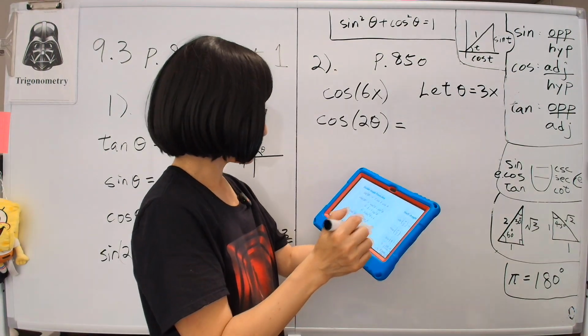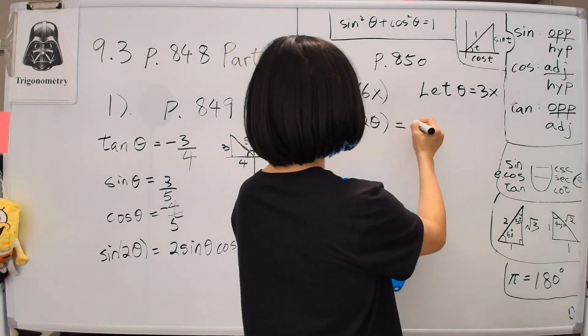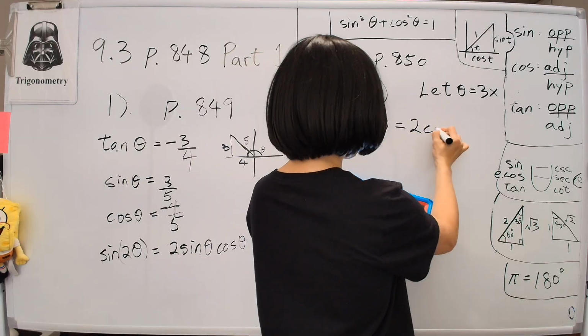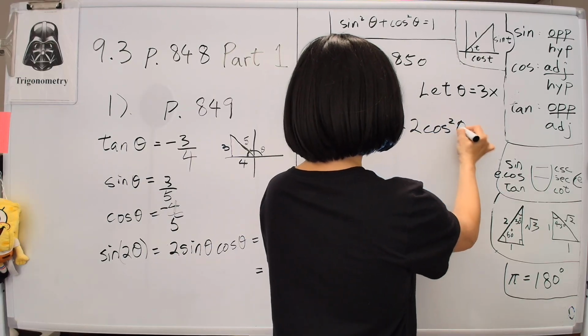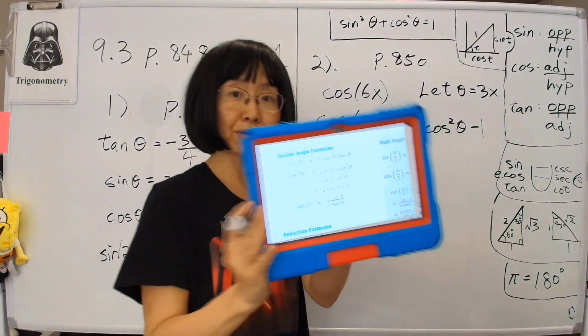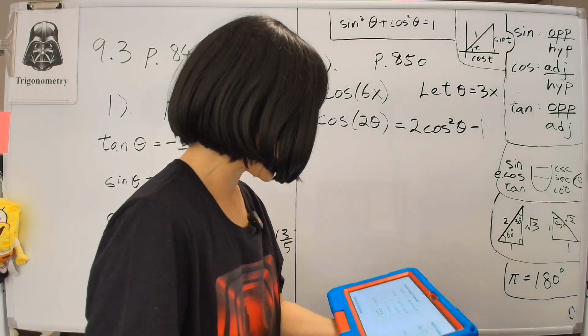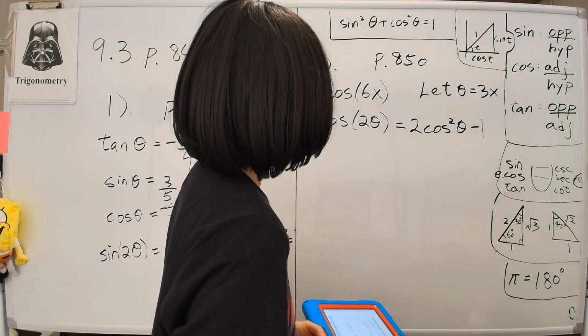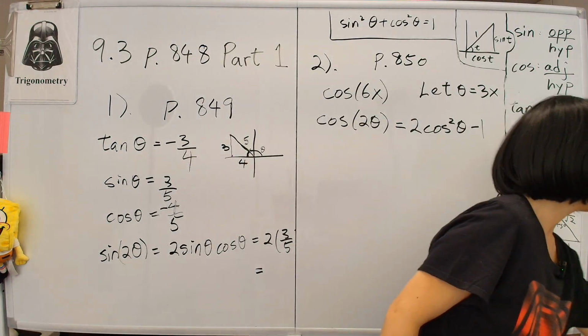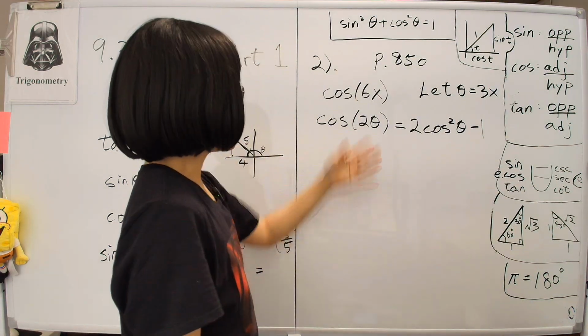So cosine of 2 theta, copying from the book, is equal to 2 cosine squared theta minus 1, and this is just from the previous page. That is the answer.